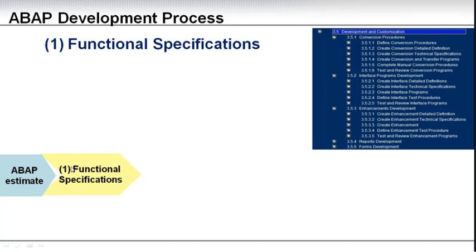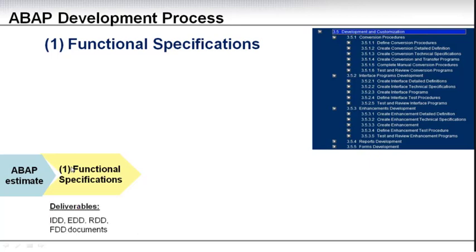So the first step of this process is your functional specifications. This is where the functional team, supported by the technical developer and the architects, sit down and document the specification and the requirements to each of the items in the RICEF development scope.